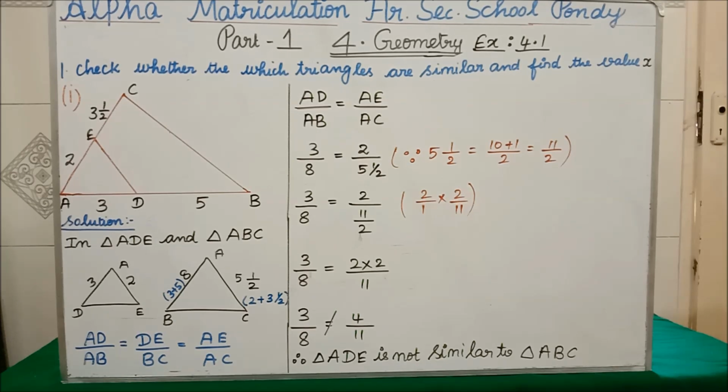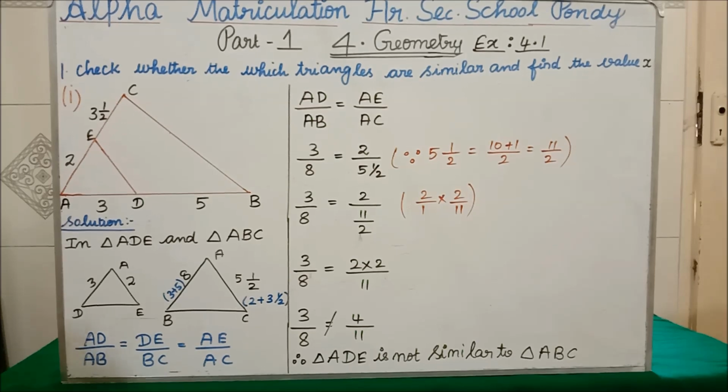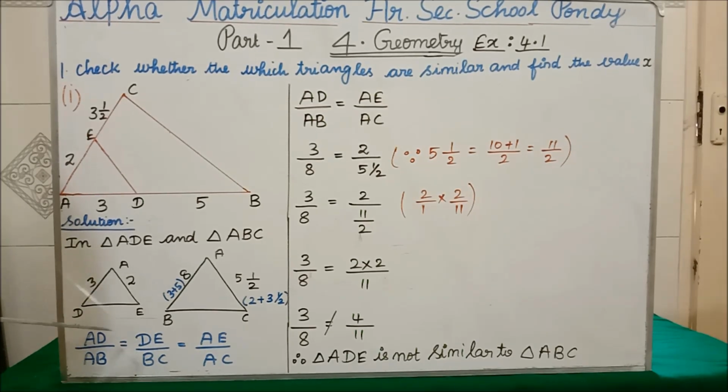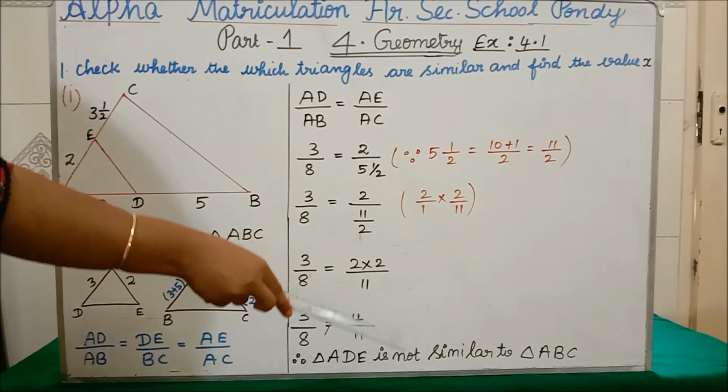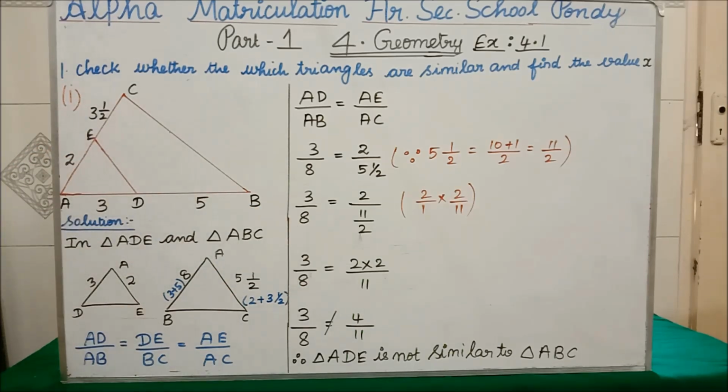By seeing this, if the two triangles are similar means the corresponding sides should be proportional. But we are getting not equal here. So this says that triangle ADE is not similar to triangle ABC. So we have written triangle ADE is not similar to triangle ABC.